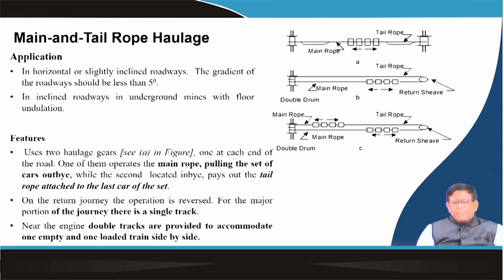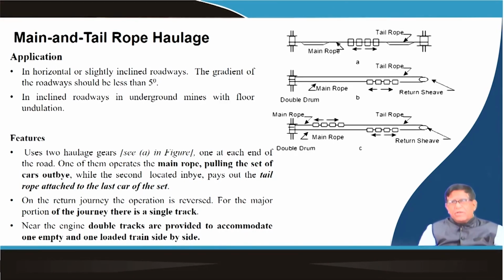So you have to make these systems for horizontal or slightly inclined roadways, with gradients of less than 5°, where you cannot use direct rope haulage. In inclined roadways with floor undulations, smooth movement by its own weight may not take place, and that is why there has to be a system to pull downwards or in the other direction.